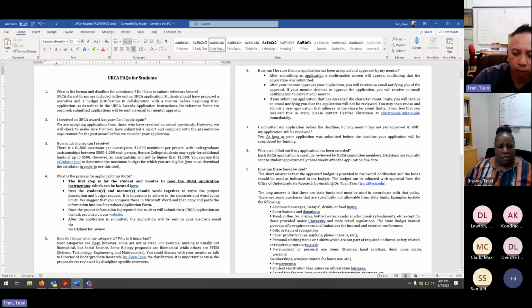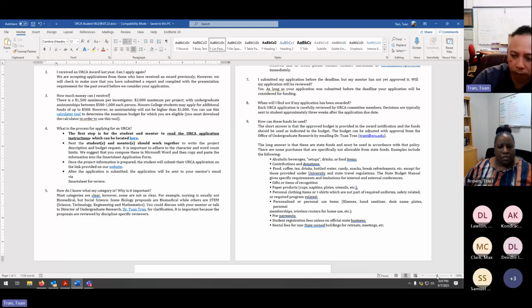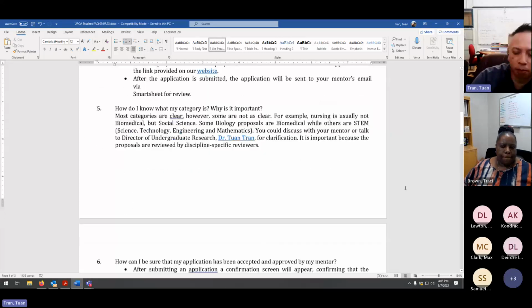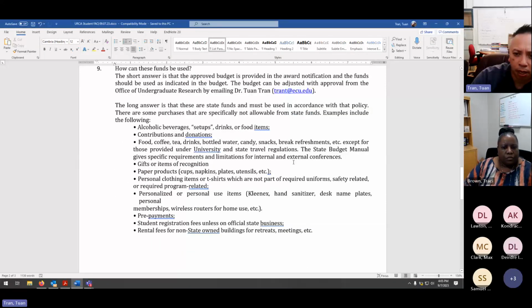In terms of what you can spend for your research project or creative activity, let me go ahead and zoom in a bit and scroll down. These are state funds, and the FAQ document will be available to you on the website.